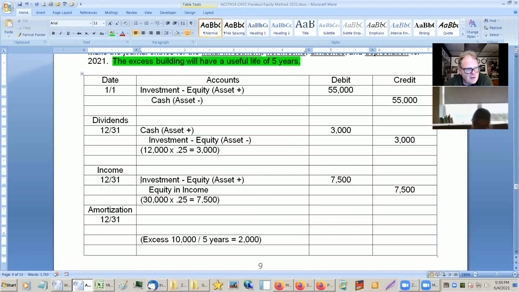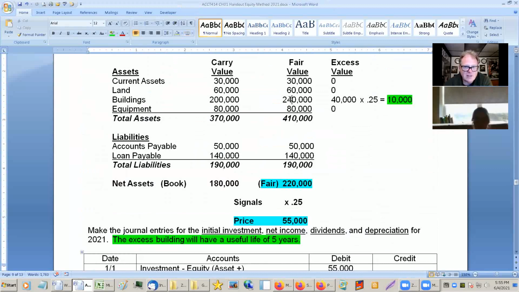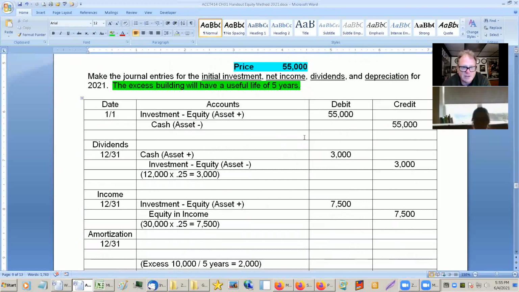Notice that this up here, this journal entry, this is when we pick up the income. Right, the income goes up. Now, this is one of those unusual things that I told you didn't happen, but in this case it will. We have to decrease this income by 2,000, and we also have to decrease our investment by 2,000 because our $40,000 excess here that we have 10,000 of it is actually going to go down over the next 5 years.